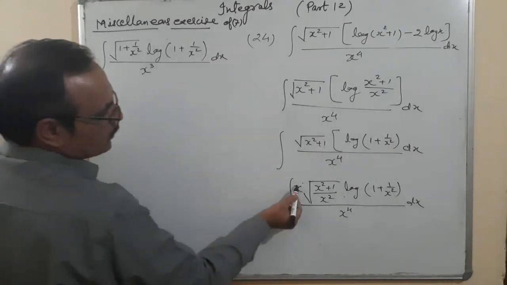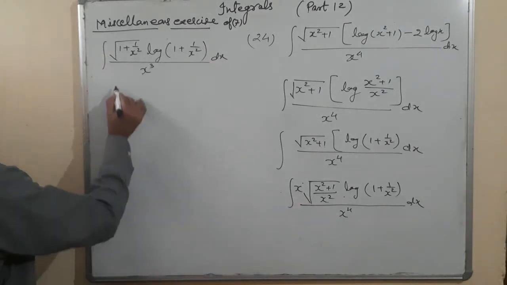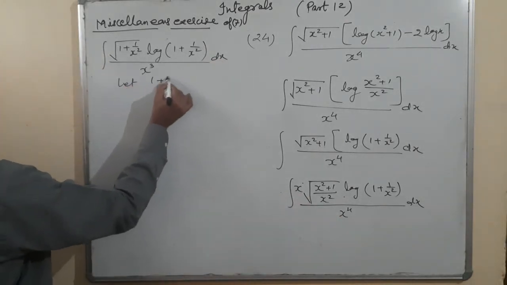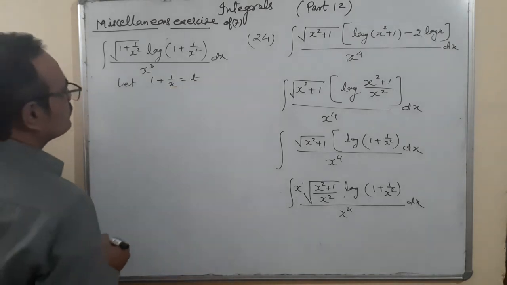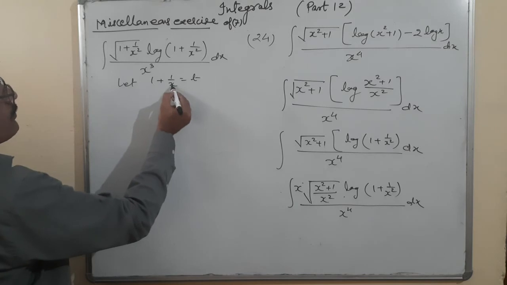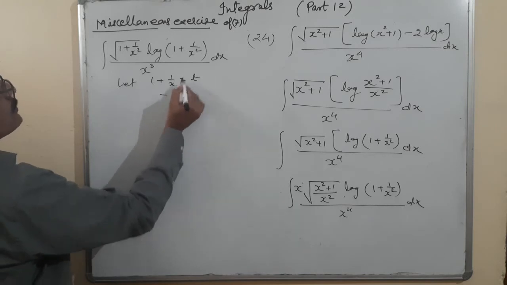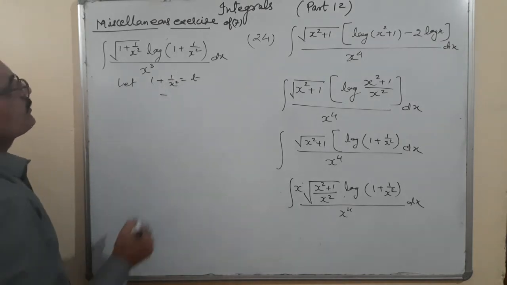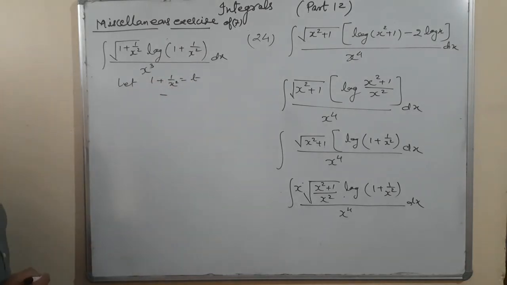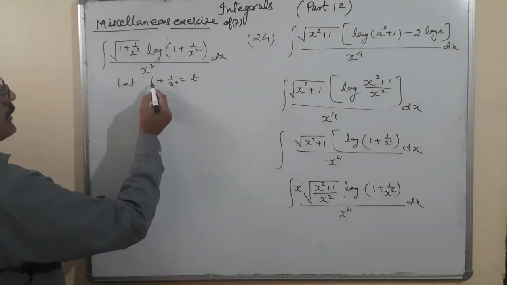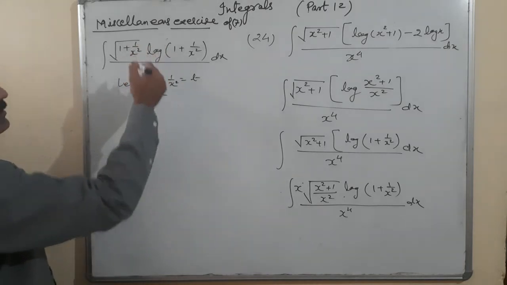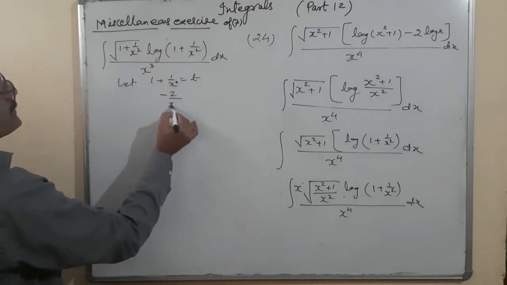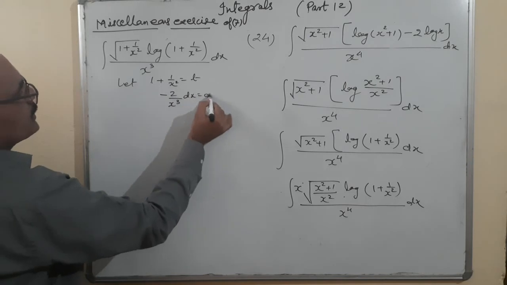One x will be cancelled. And here let 1 plus 1 upon x square be equal to t. Differentiate with respect to x: 0 minus 2 upon x cube dx is equal to dt.